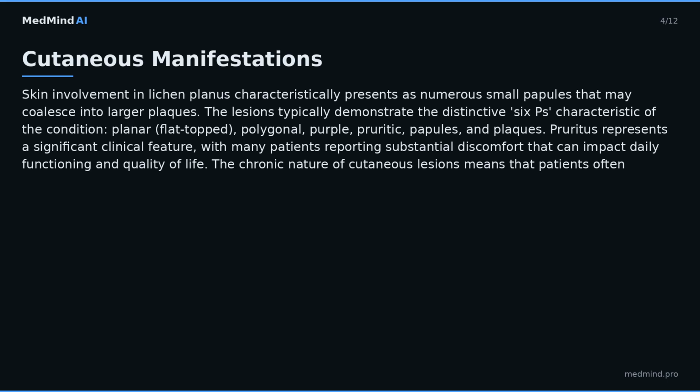Pruritus represents a significant clinical feature, with many patients reporting substantial discomfort that can impact daily functioning and quality of life. The chronic nature of cutaneous lesions means that patients often experience extended periods of visible skin changes, leading to potential cosmetic concerns and psychosocial effects. Some patients develop hypertrophic variants with prominent scaling, while others experience more subtle lichenoid changes.